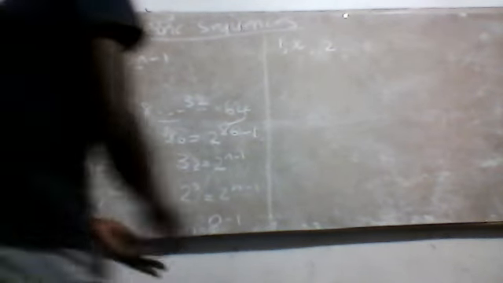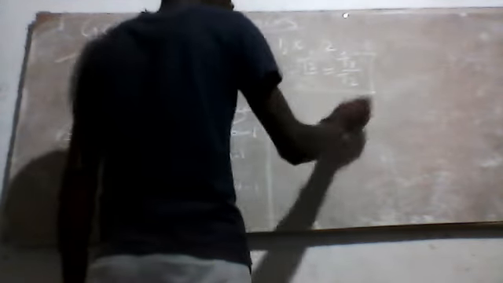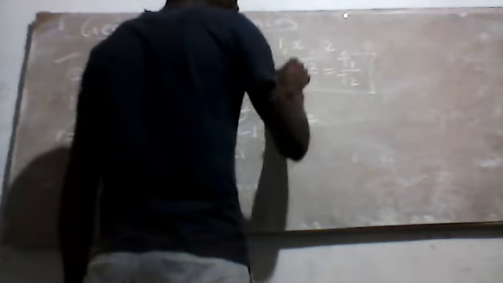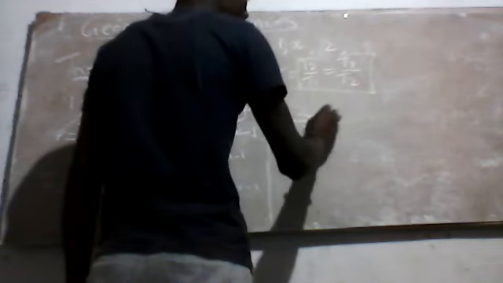You will use the fact that a geometric sequence has a constant ratio, which is T2 over T1, equal to T3 over T2. So in the place of T2, I write x divided by T1, which is actually 1.